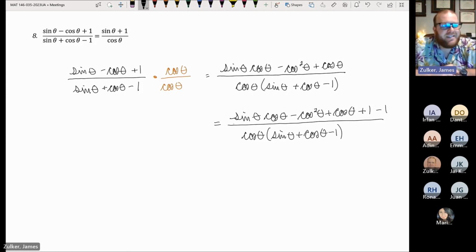I'm going to add 0. So I'm going to add 1 and subtract 1. Remember, addition is commutative and associative. I'm going to group 1 and minus cosine squared together and move it out in front.